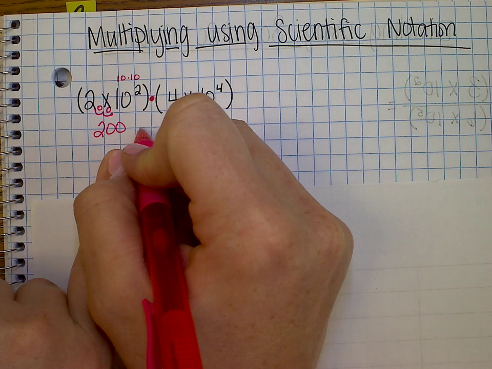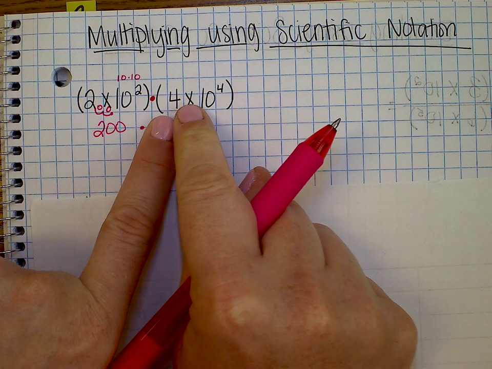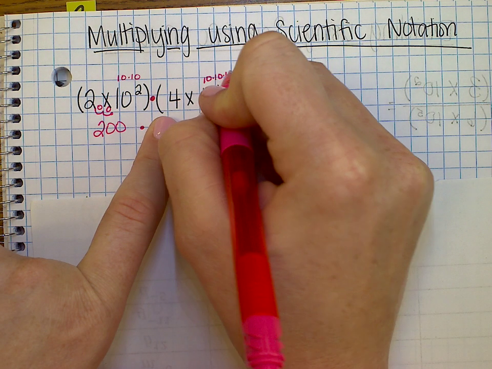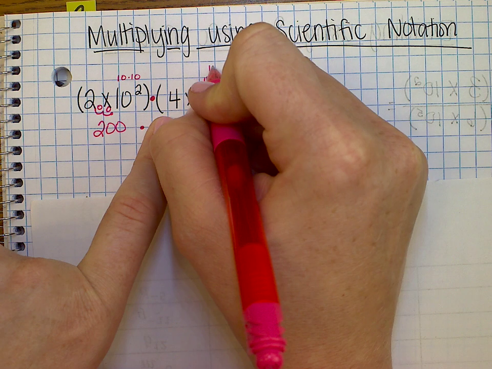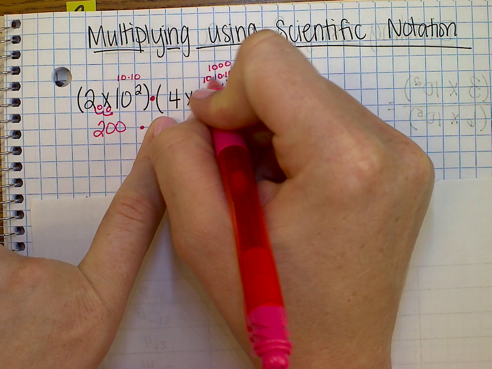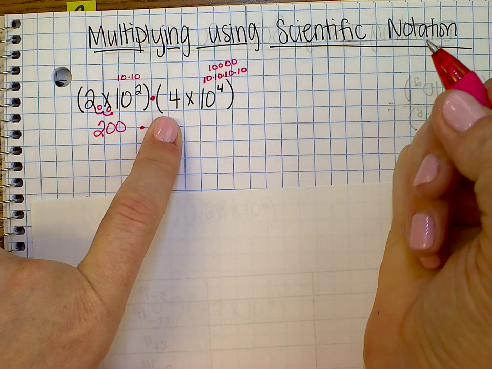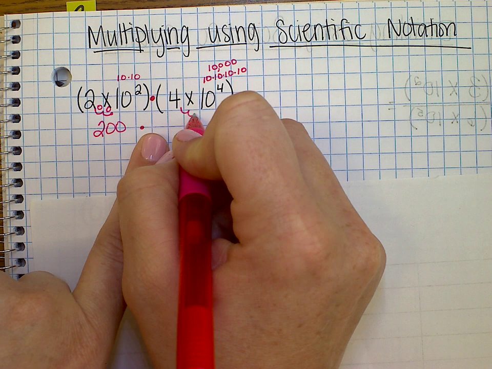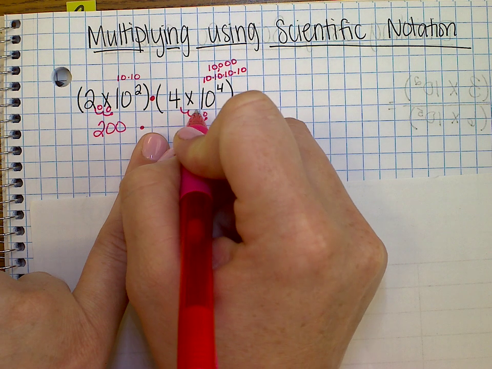So if I have 200 times, and then let's do 4 times 10 to the 4th, or 10 times 10 times 10 times 10, which would be 10,000, or 1, 2, 3, 4.